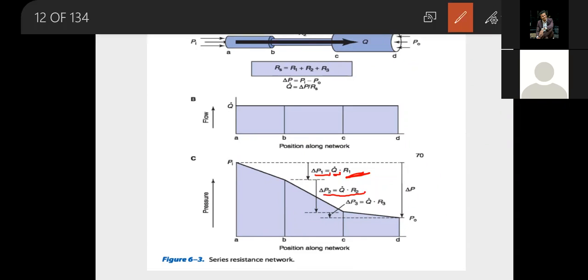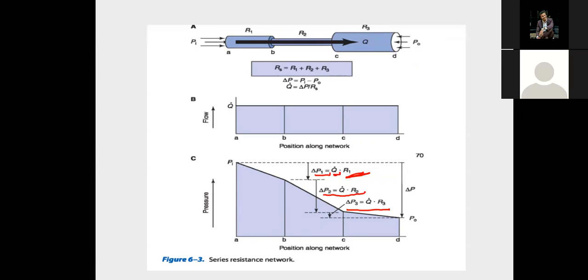The same for the second and the same for the third. We can calculate each individual difference in the pressure and the resistance for each segment, and we can calculate the total resistance. So we can know individual resistance and total resistance.